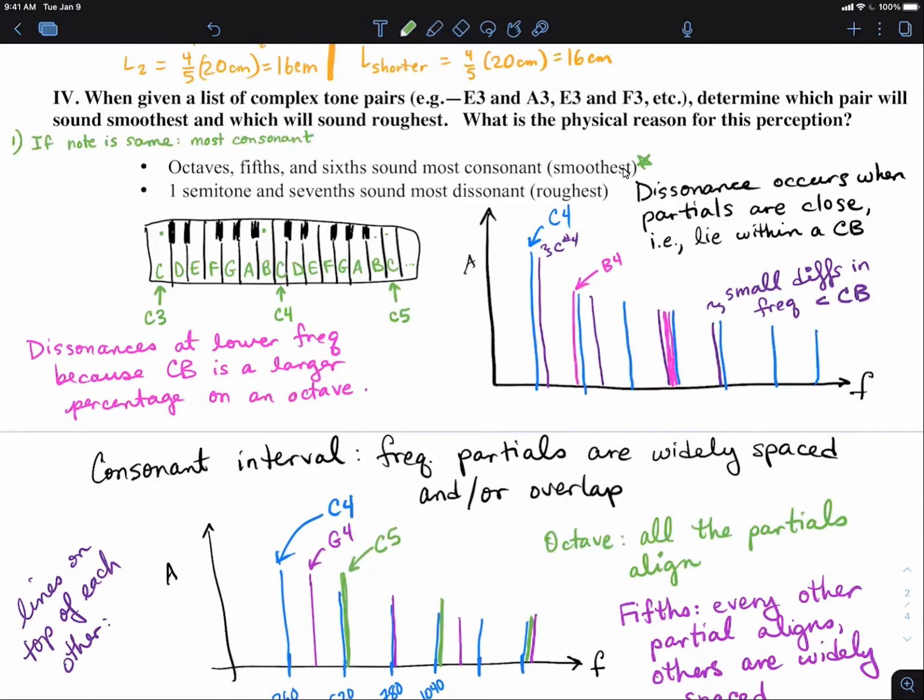Your other rule of thumb is if the names of the two notes are close alphabetically, then it's very dissonant.